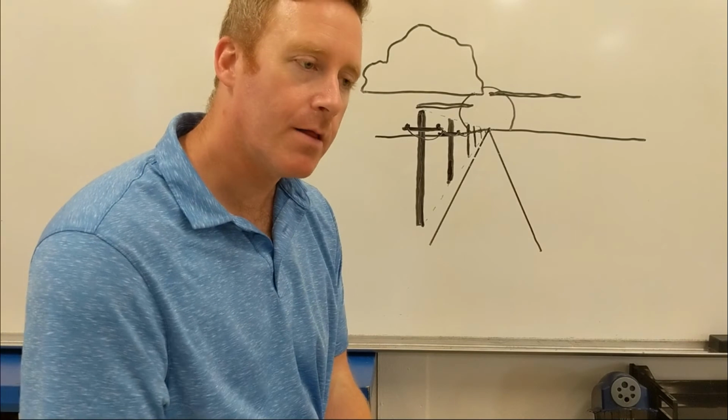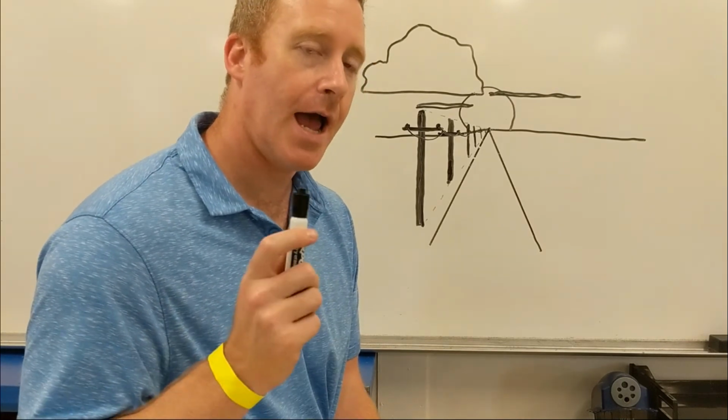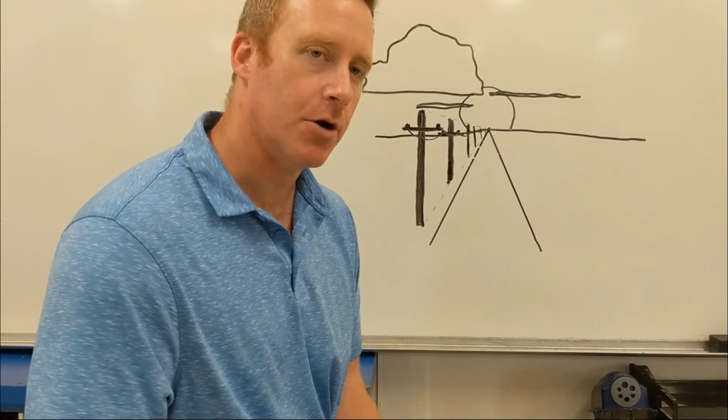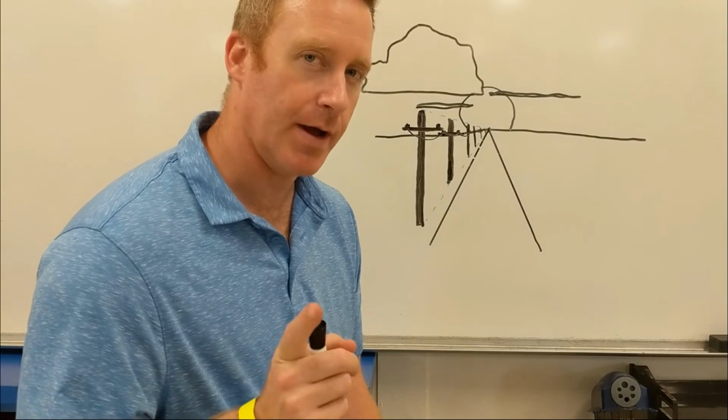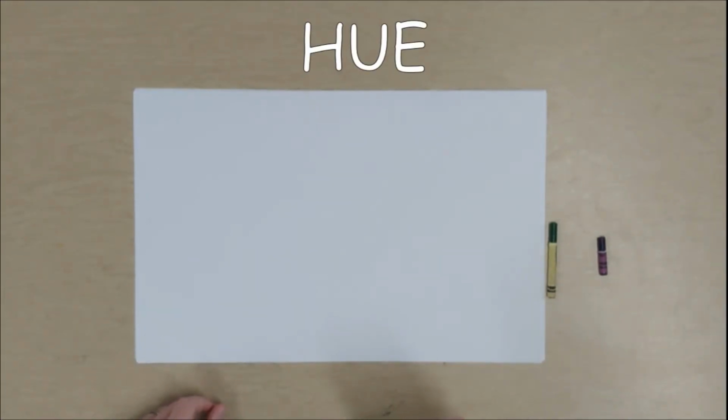Since we went over color, another thing we can do is use color to tell us how close or how far away something is. But I'm going to switch over to colored pencils and crayons to show you how to do that.